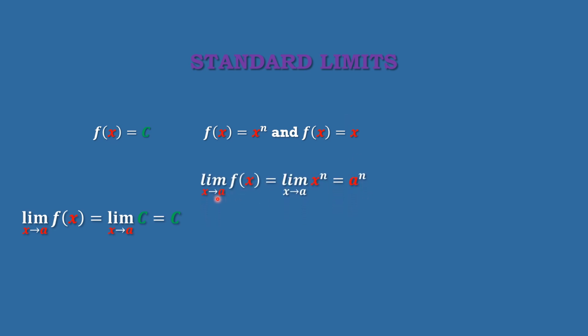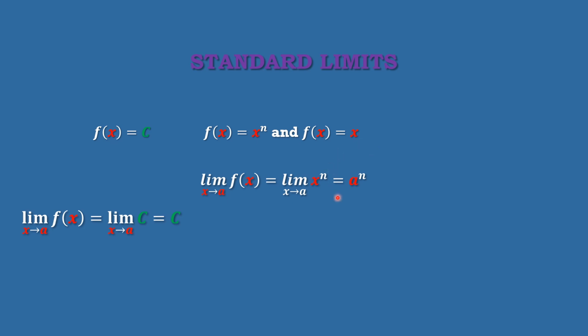Now let's understand the standard limits. When you have a function equal to a constant, the limit as x gets closer to a will be the same as the constant. When you have f(x) equal to x^n and f(x) equal to x, if I want to find the limit as x approaches a, the behavior of the function is such that anywhere I see x, I will substitute a as my input.